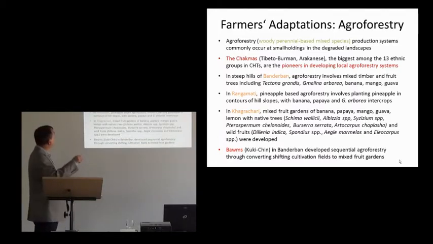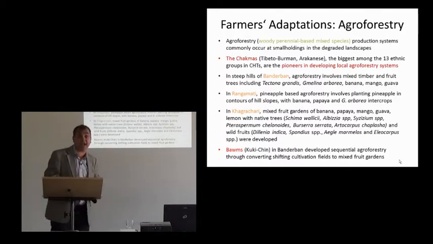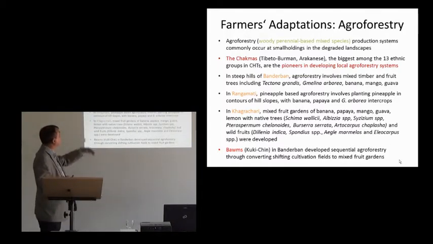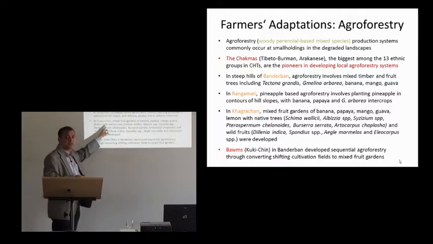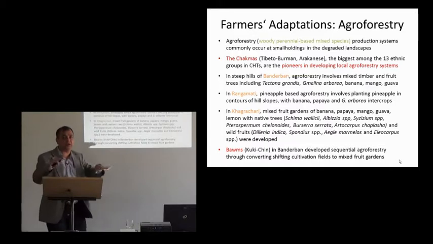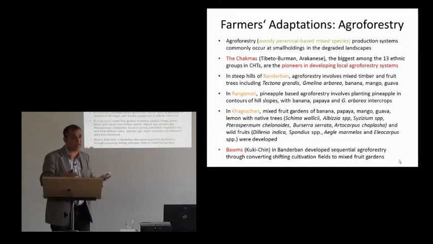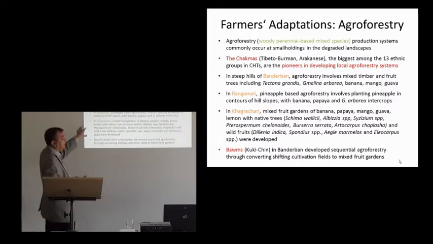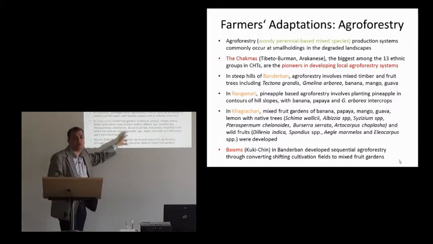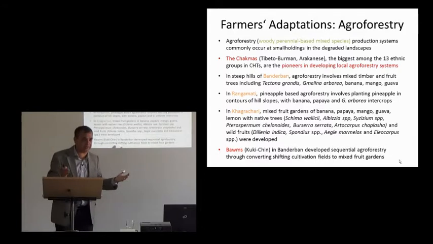In Bandarban, deforestation is not that high. In Rangamati deforestation is a little higher, but not higher than Bandarban. But in Khagrachari deforestation is the highest, because the places are easily accessible, so people go there and cut trees. That's why in this district agroforestry is very diverse.